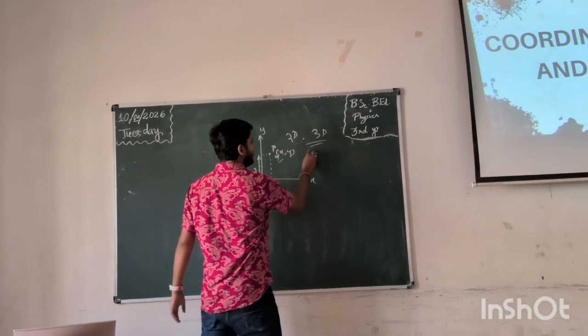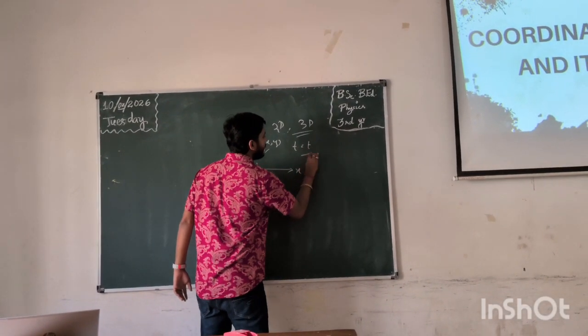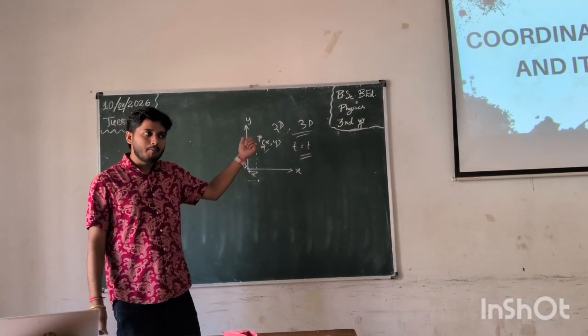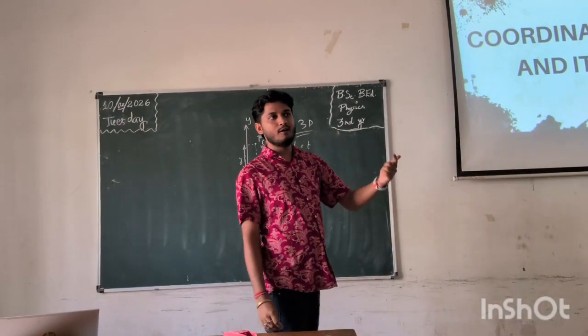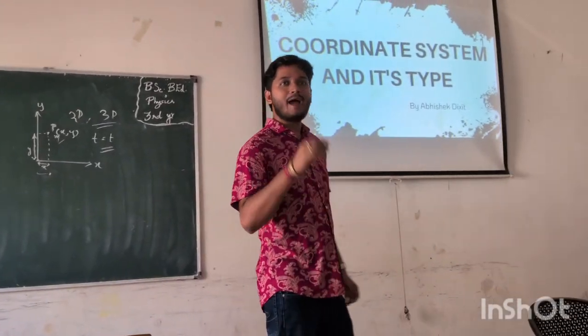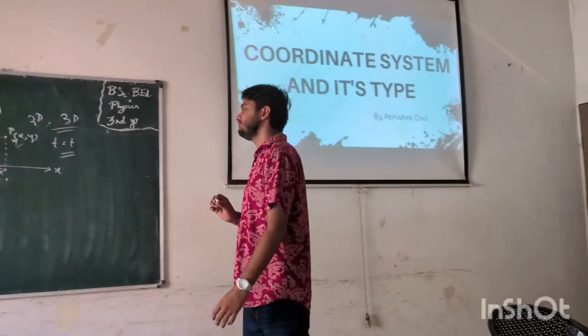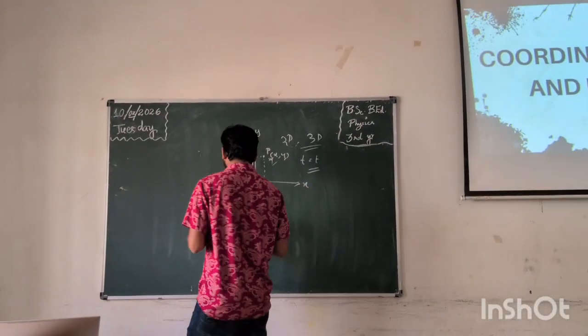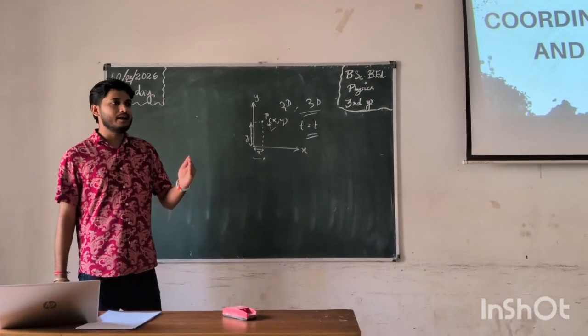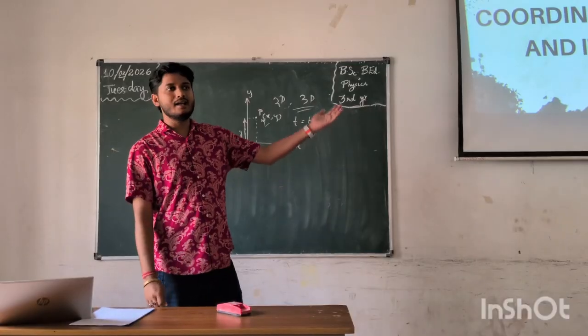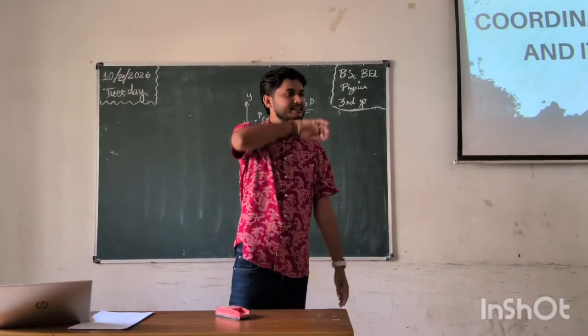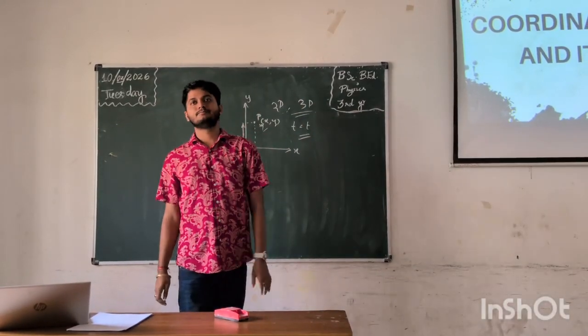Suppose here I am taking time t. We can find the exact momentum and position of this particle, but we can't for a micro particle. So for macro particles we use classical mechanics, and for micro particles we use quantum mechanics.